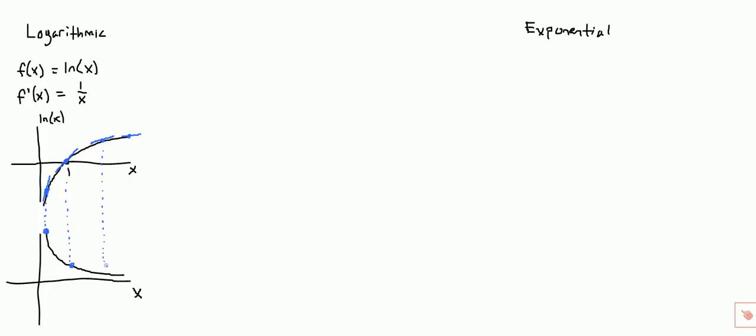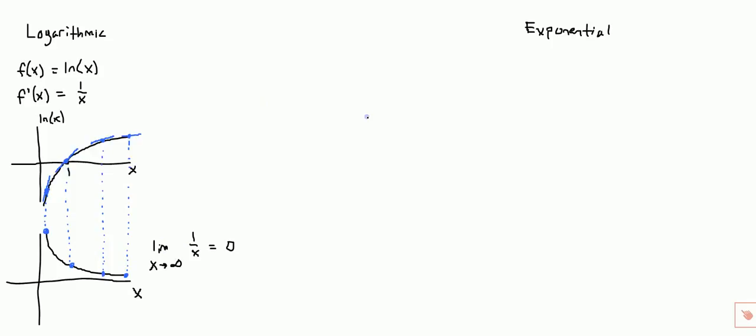It levels off and it gets closer to 0. What's the limit as x goes to infinity of 1 over x? 0, right? That's what's happening to the slopes of ln of x. They level off as x goes to infinity.